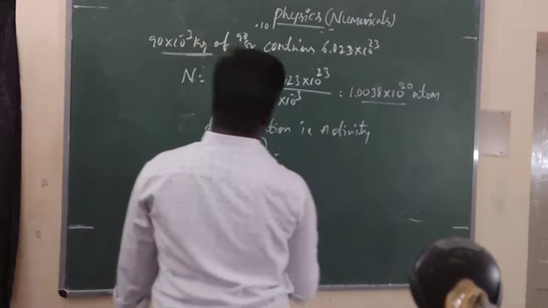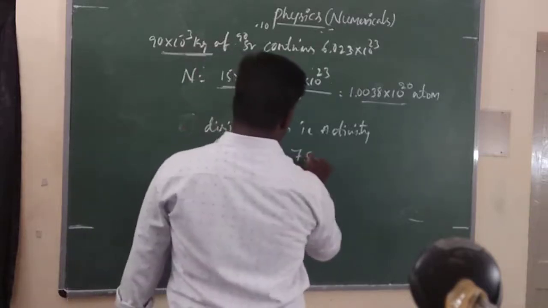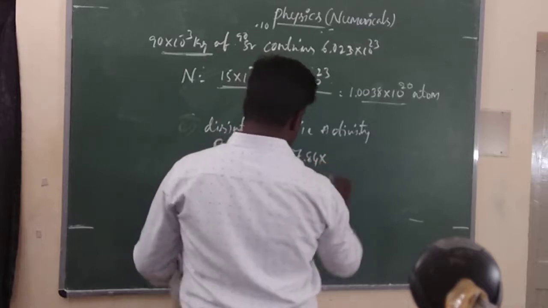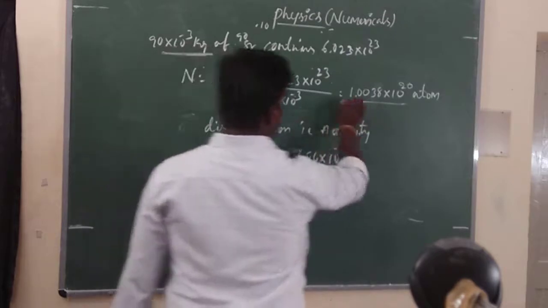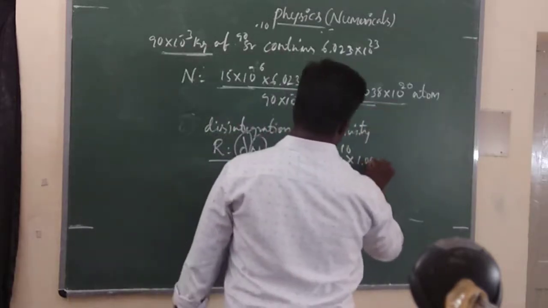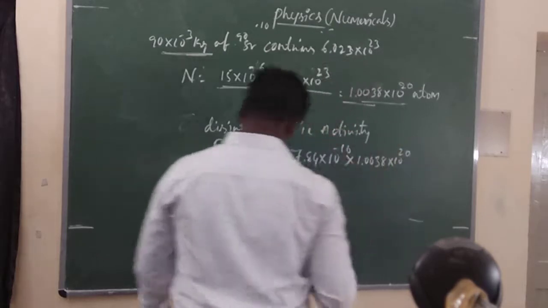So substitute: the lambda value is 7.84 into 10 to the power of minus 10, into the atoms present, 1.0038 into 10 to the power of 20 atoms.